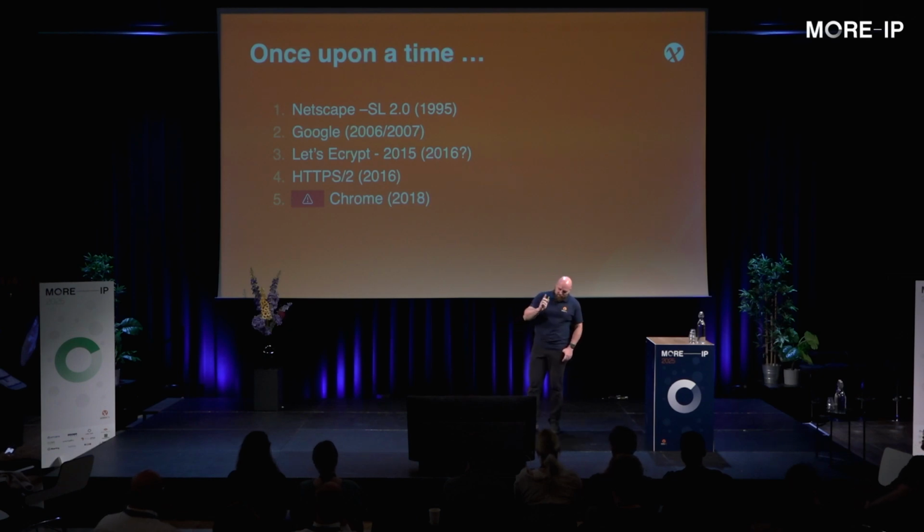Funnily enough, the SSL protocol starts with version 2.0. Version 1.0 was developed, I think, from 1990 to 1993, but never released because it turned out to be unsafe. Weird for a protocol that was supposed to bring safety, but I guess there was some miscommunication there. Then Netscape introduced the first production-ready SSL in 1995, so as I said, 30 years.